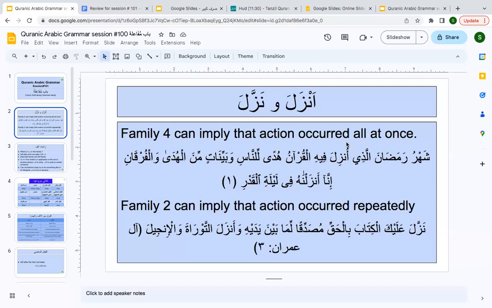It occurred slowly and surely. The wahi continued to come down. So therefore, you can see Nazzala. Nazzala alayka al-kitab. He sent down upon you the book, bil haqqi, with a purpose. And we sometimes don't understand it.